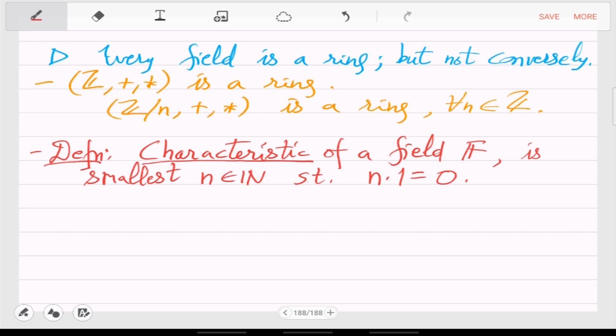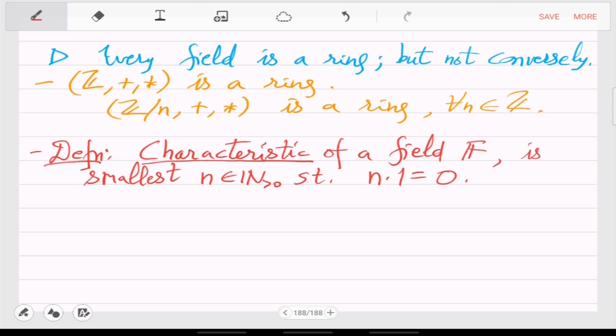Is that clear? So will this n always exist? Can you think of an example of a field where this n doesn't exist? Let me add this positive condition. So will this always exist?